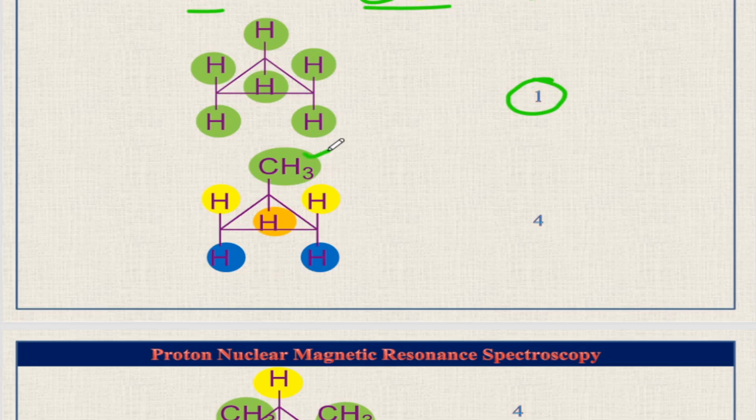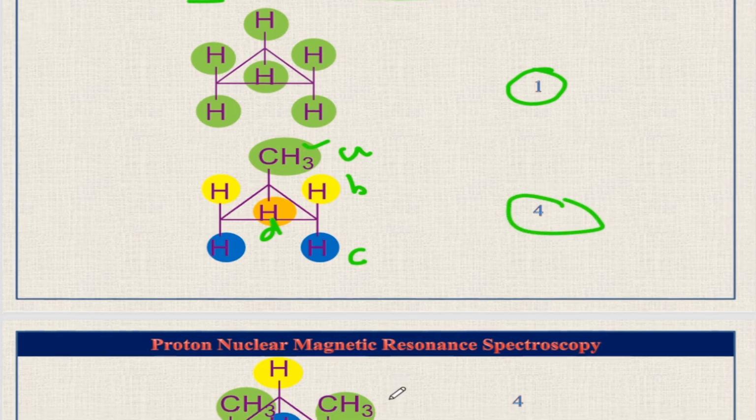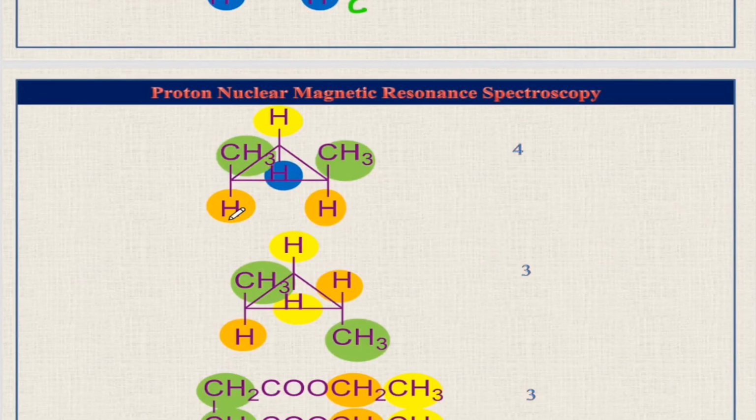One set is CH3, and this H differs from both of these H. This is a separate set, and these two protons differ from these two protons. So there are four sets: A, B, C, and D. So it gives four NMR signals.